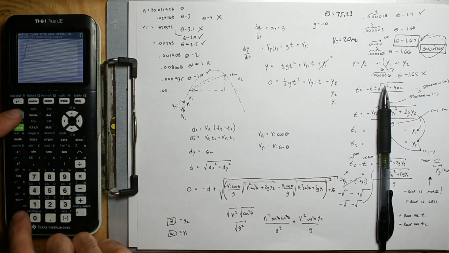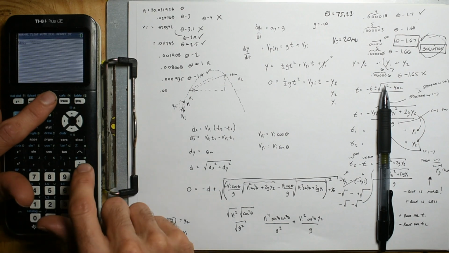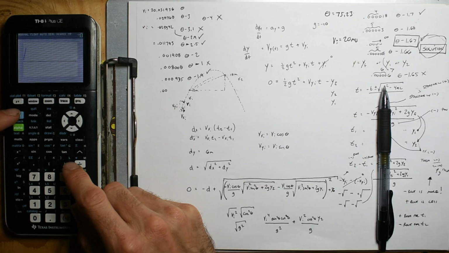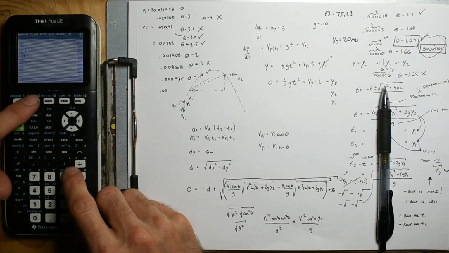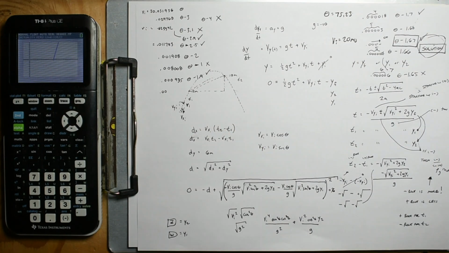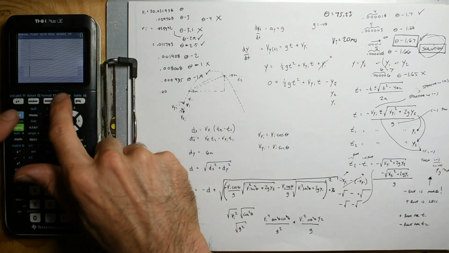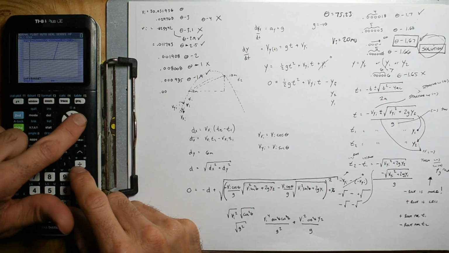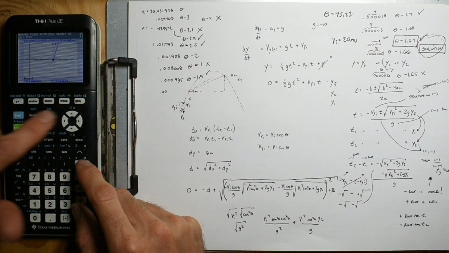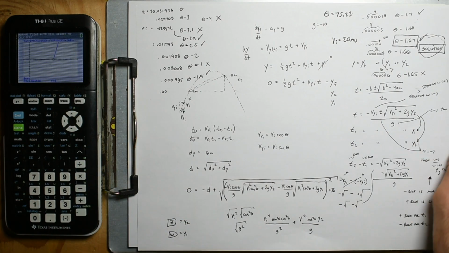So I graph, and I can zoom out. Well, yeah, let me get this graphed. All right, hell yeah. So this is our graph, and then I'm going to get a left bound and a right bound. And cool.